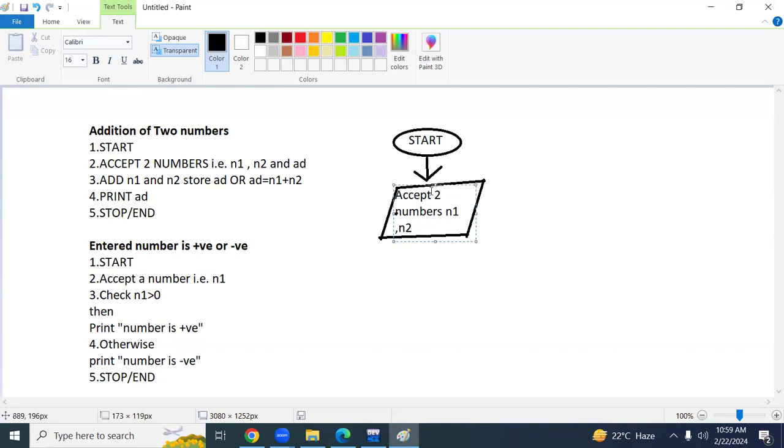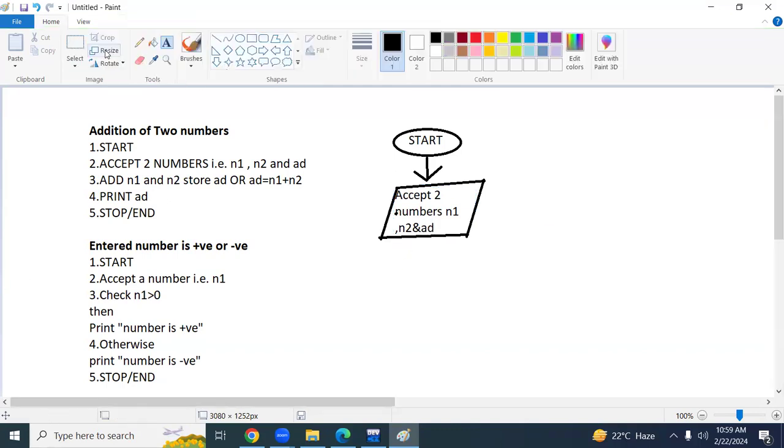Okay, ad, I'm just using this. The second thing I have to write here, again I need a connector.